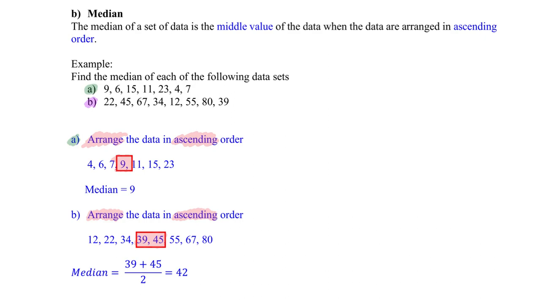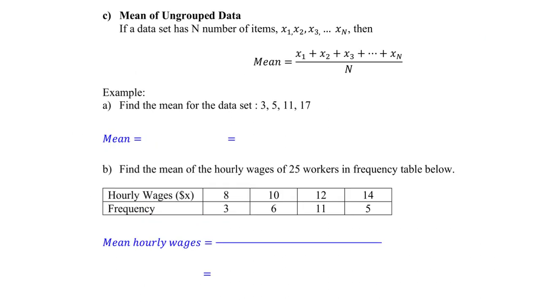Alright, so that's the part about median. Let's go and explore other important knowledge before we start this chapter on cumulative frequency. Hello everyone, welcome to this part of the video.